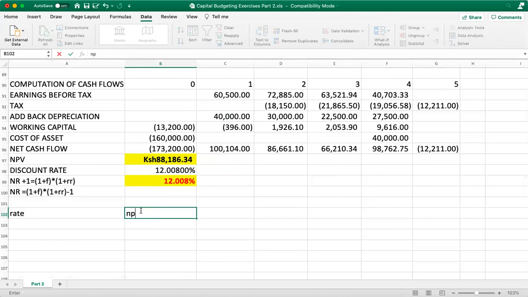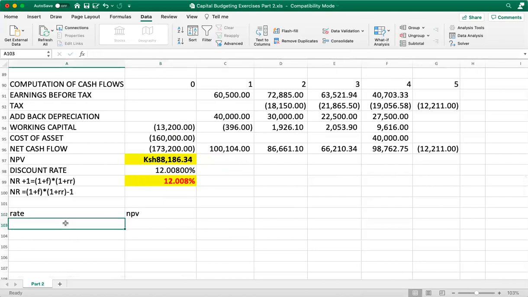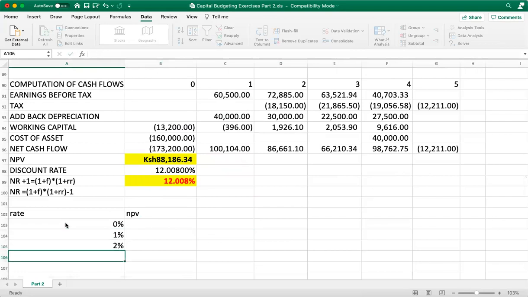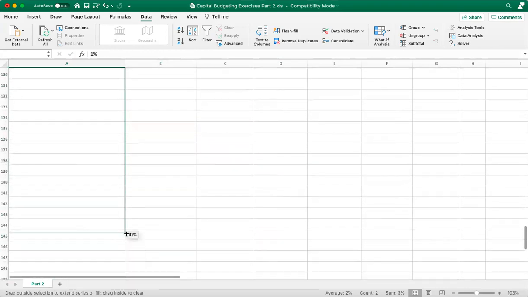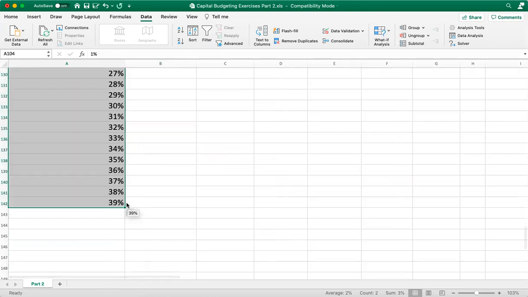This is NPV. So 0%, 1%, 2%. So I generate this up to, I have to go beyond 36. So 39 is good enough.